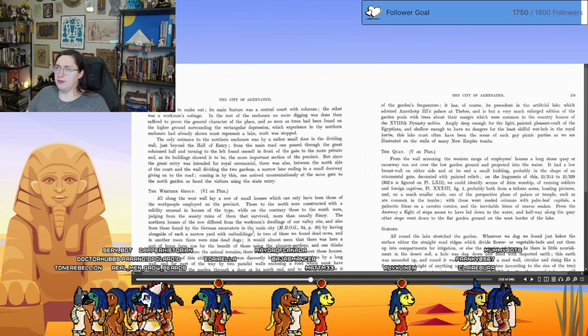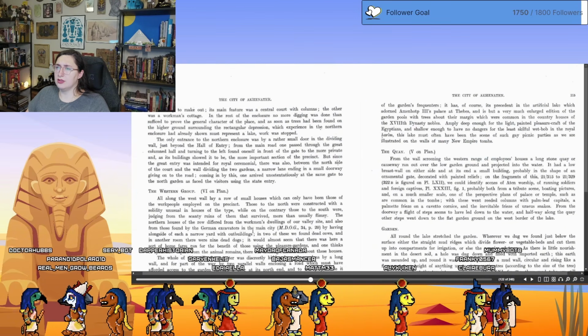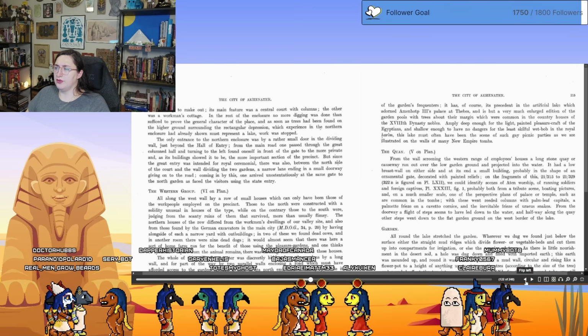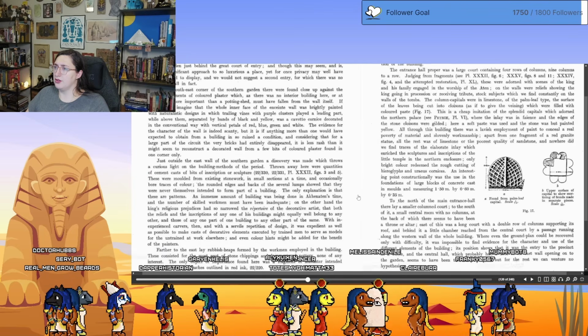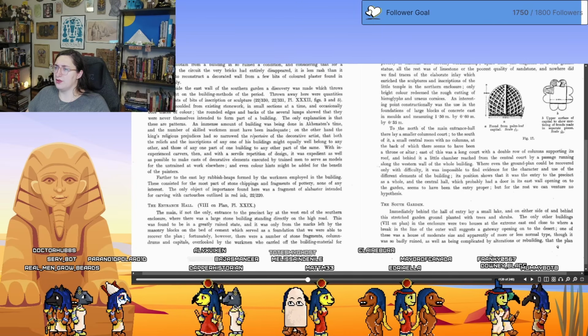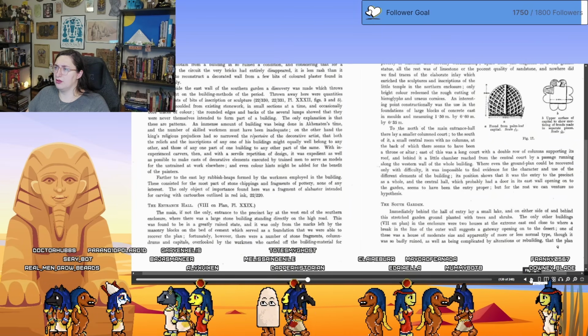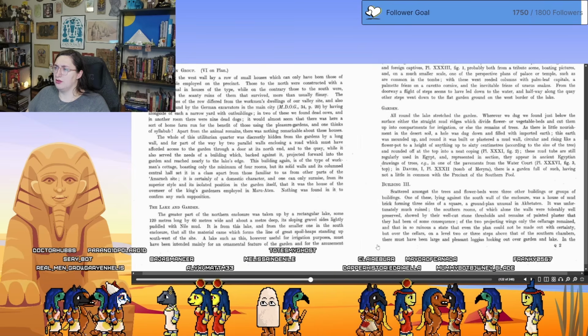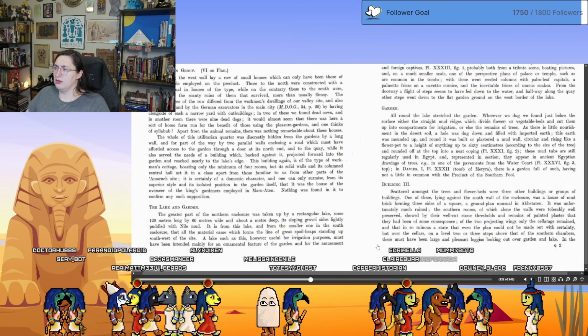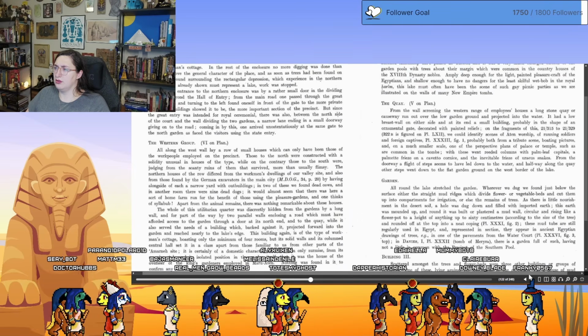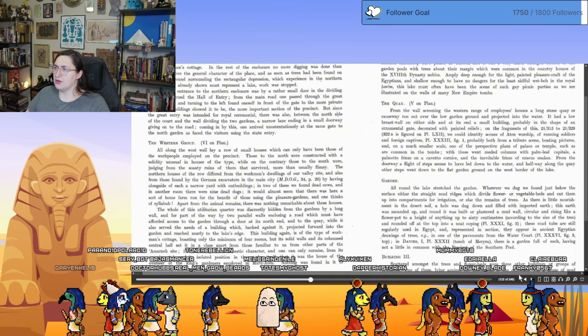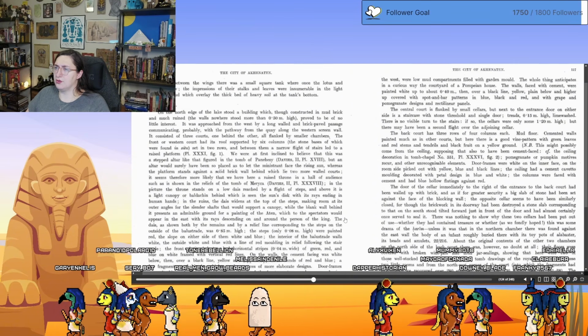Now the thing I'm looking for, I don't know if I'm gonna find it in here actually. This is the entrance hall, the south garden. It's the garden, the quay.